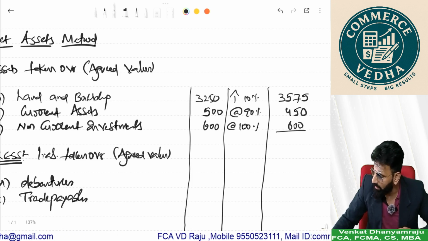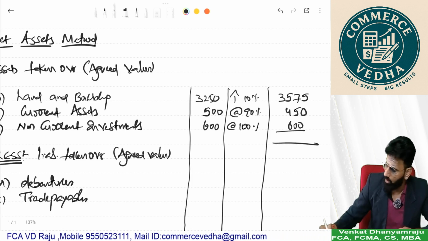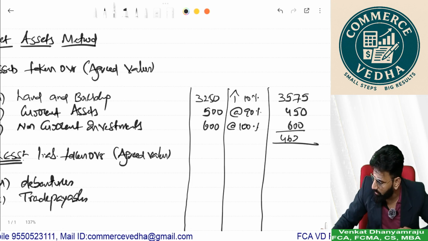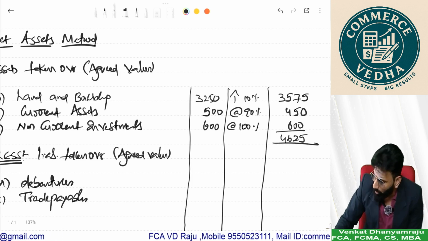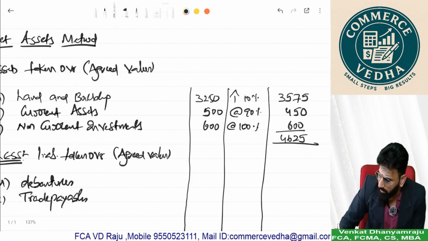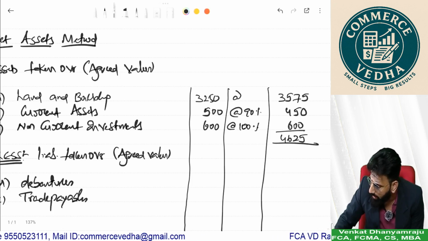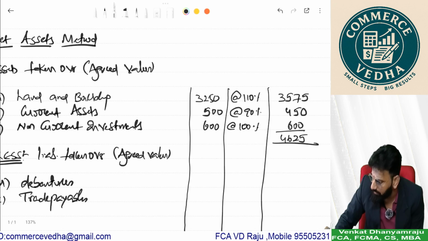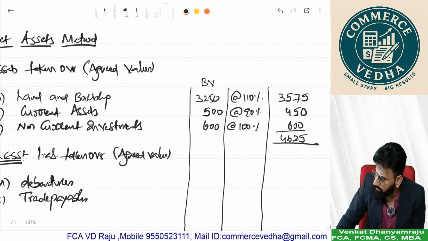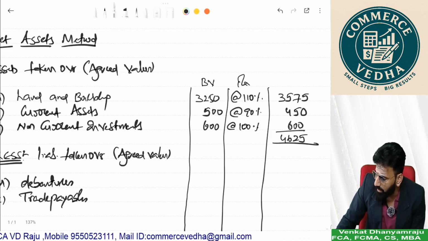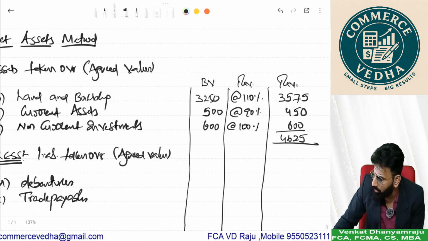So the total assets taken over is 4625. This one is taken at 10% more, higher. Either I can write higher by 10% or I can say at 110%. This is book value, this is revision, and this is revised value.